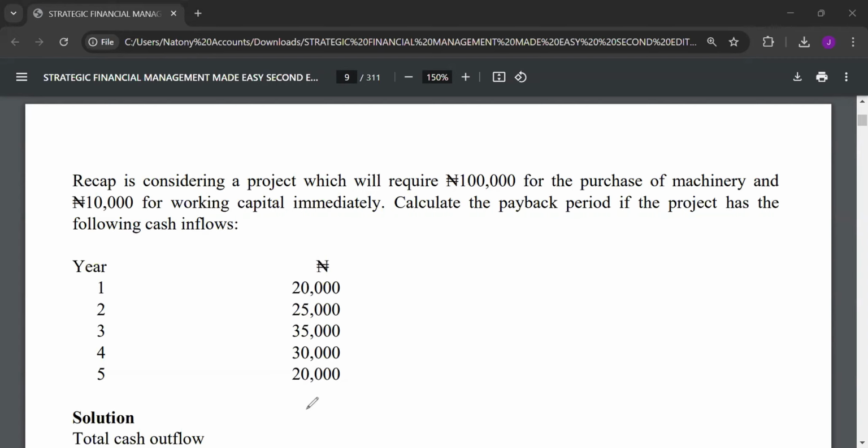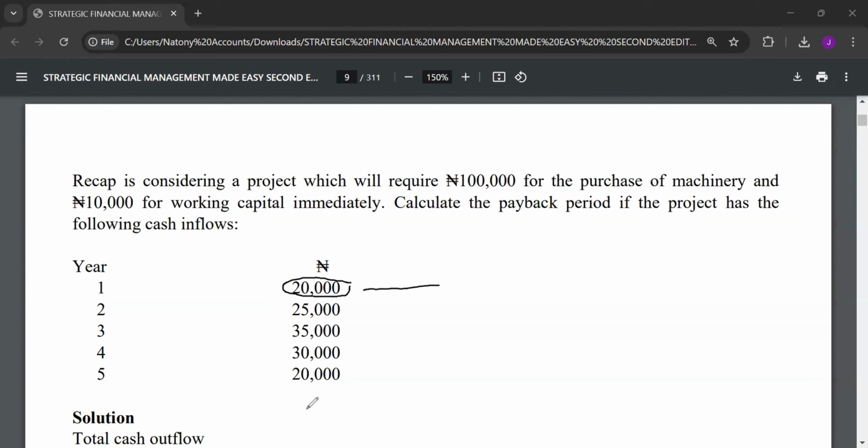Assumption one is that in year one, the company will be receiving 20,000. It is assumed that this cash flow accrues evenly throughout the year.